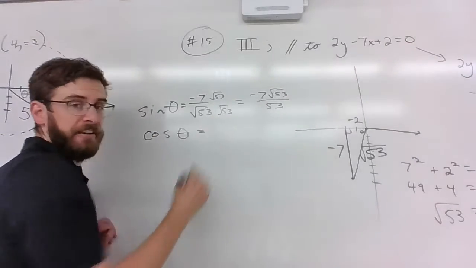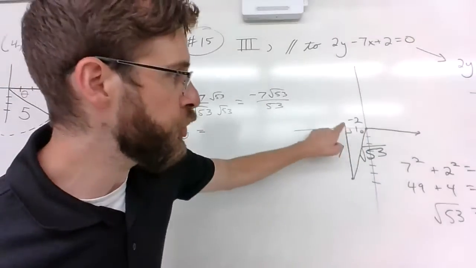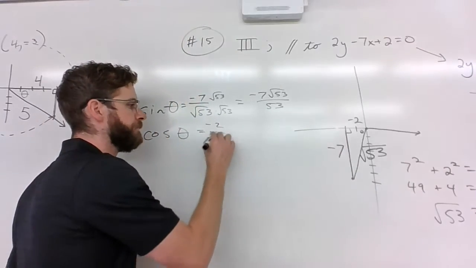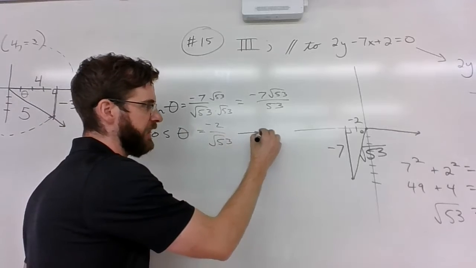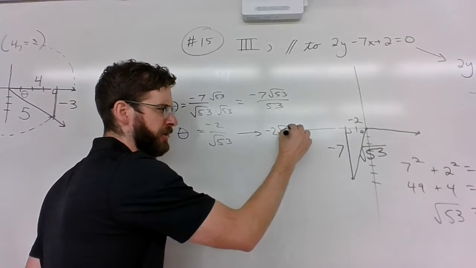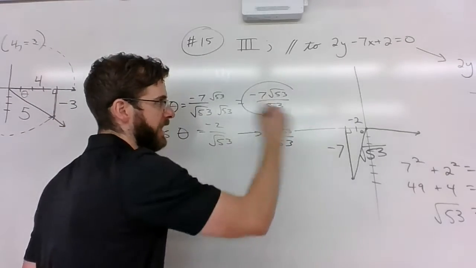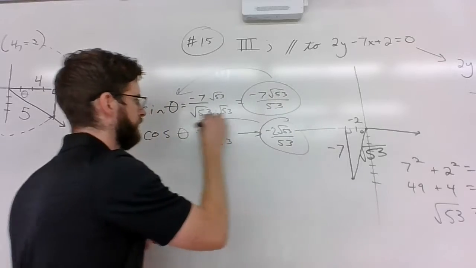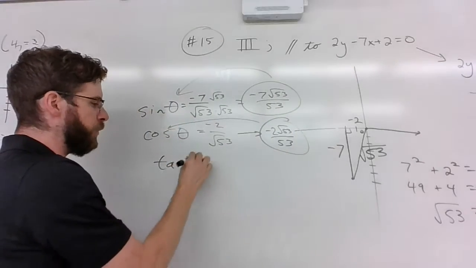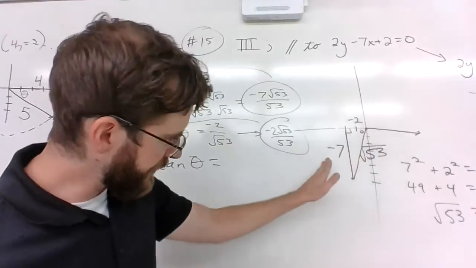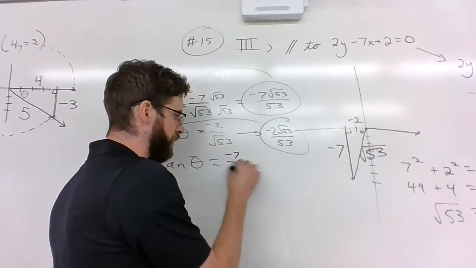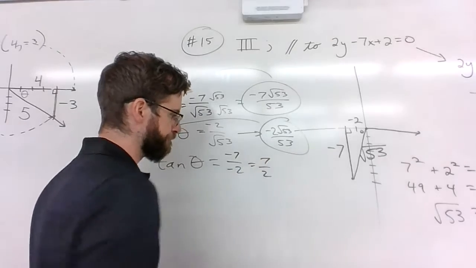Cosine would be negative 2 over root 53. And again, multiply bottom and top by that, and you get a similar structured answer there. Tangent of theta would equal opposite over adjacent, negative 7 over negative 2, which is 7 halves.